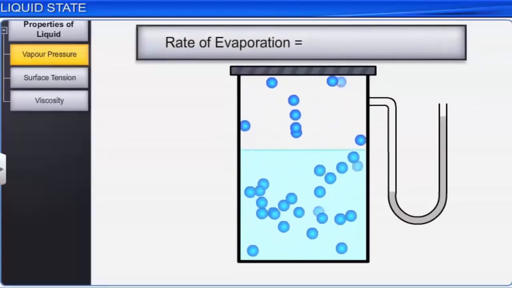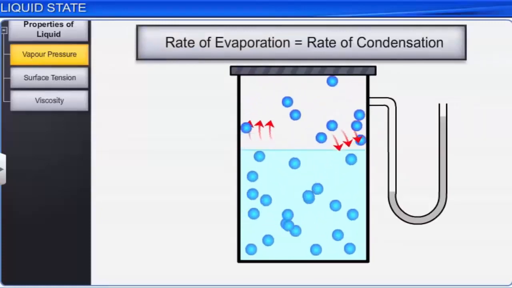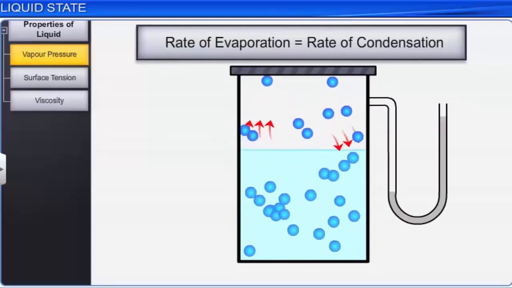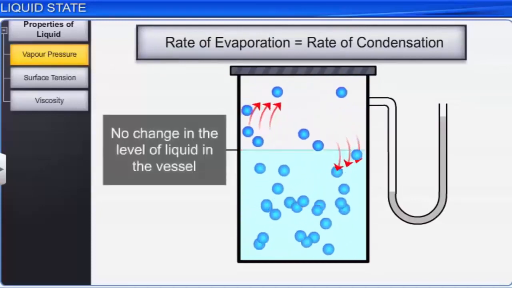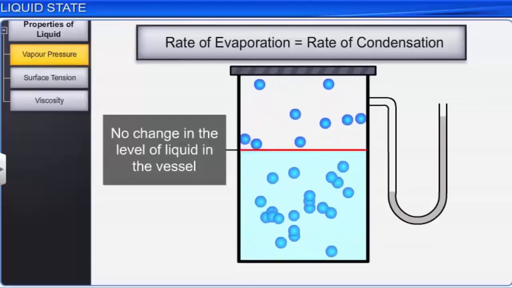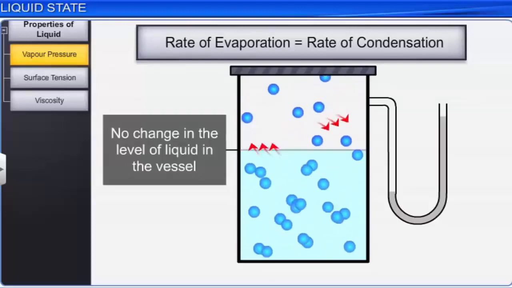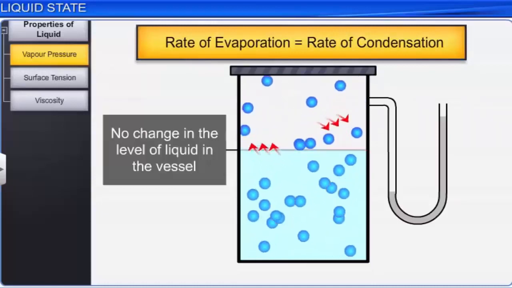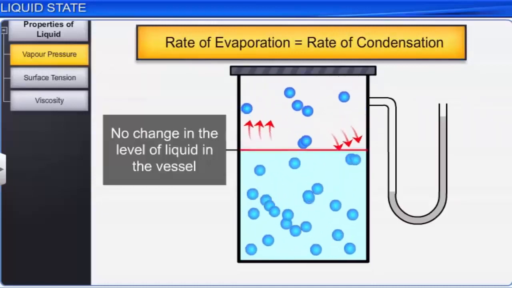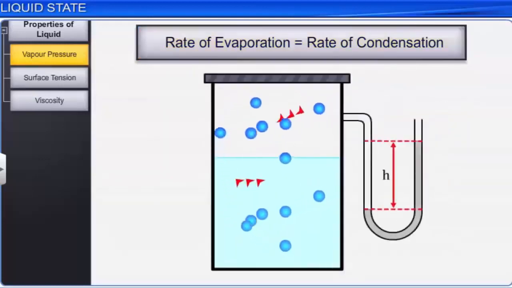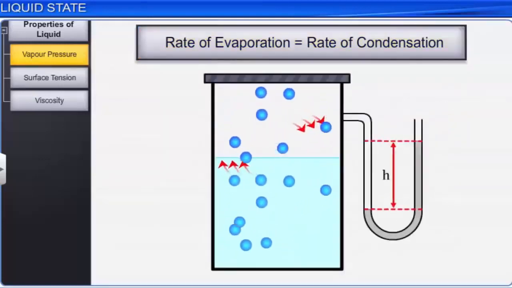At this stage, there is no change in the level of the liquid in the vessel, and the system is said to be in dynamic equilibrium, where rate of condensation is equal to rate of evaporation. At this stage, the vapor pressure of the liquid is referred to as equilibrium vapor pressure or saturated vapor pressure.